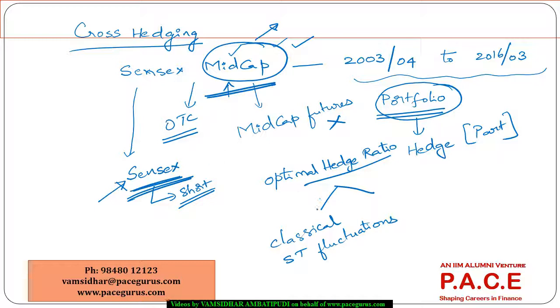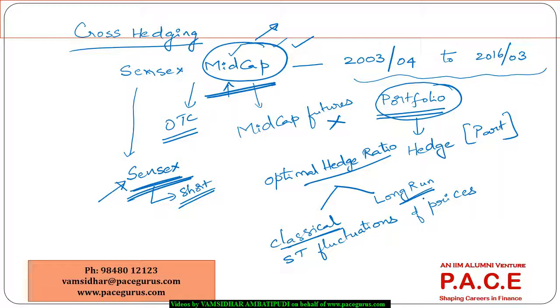So I look at the short-term fluctuations of the prices of both. That is the first approach, which we call the classical approach. After that, we can also look at the long run stable relationship between both the prices so that we can improve the hedge ratio. So this is a two-step process as a part of the hedging process.